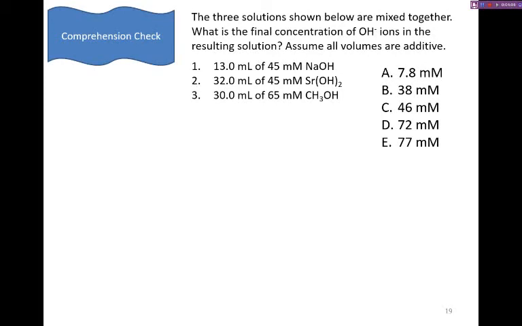All right, in this problem, we have 3 solutions that are being mixed together. We want to know what's the final concentration of hydroxide ions, assuming that all of the volumes are additive. Well, again, let's draw some pictures here. We've got beaker 1, beaker 2, beaker 3, and we're combining them all together.